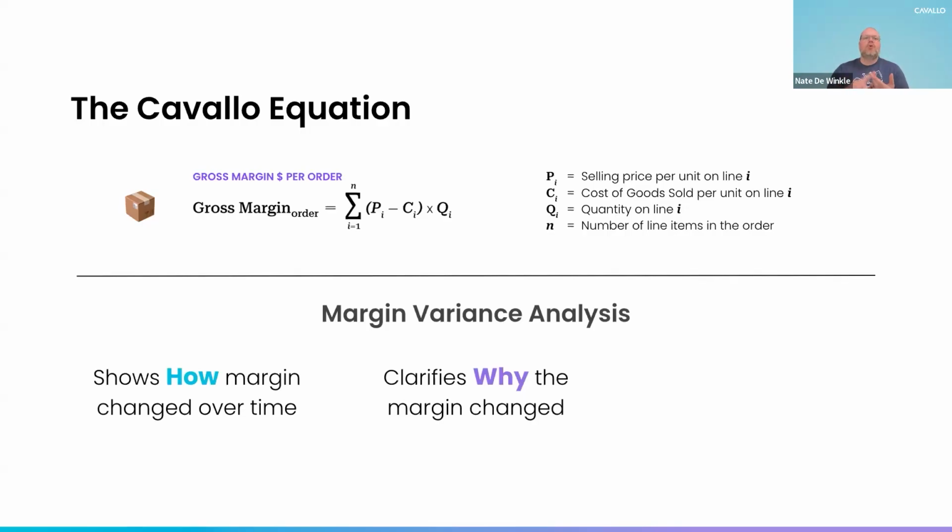Did it change because of pricing pressure? Did it change because of a cost increase? Did it change because volume went down? We take that whole change and can decompose it into all those different factors to completely understand why the variance has changed. And at the end of this, the margin variance analysis takes a couple of different scenarios, a couple of different options, and tells you what you can do about that. So you have a leak, so something has escaped, so you have a change that is not for the better.